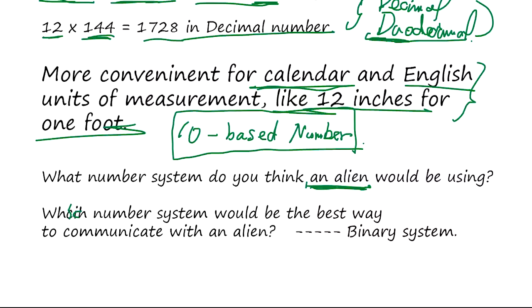What would be the best bet? Binary. That's what I think, because binary is the basic 0, 1. You cannot break it down smaller than this. And probably if they're an intelligent alien, they know that too. So they would try to communicate with us using binary. And if we use binary, bingo, we can communicate.